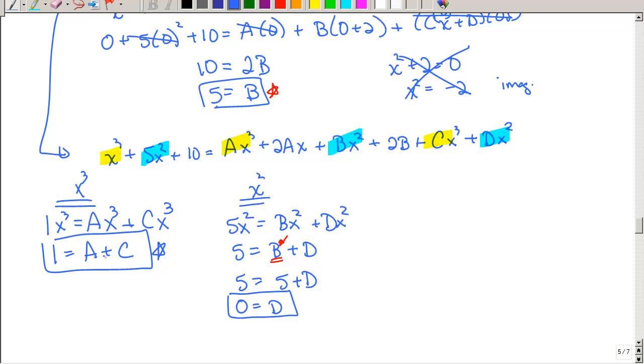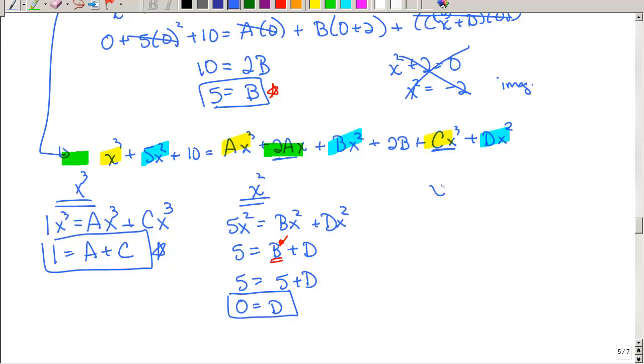Let's see, what do I need? A and C. What else is A involved in? Because C only has this x cubed, and I've already used that. So maybe here. How about the x's? Do I have any x's on this side? None. So I have an Ax here, and that's it.